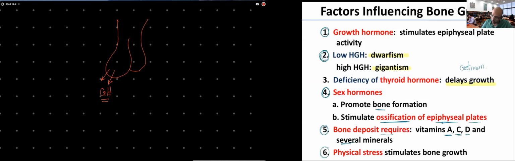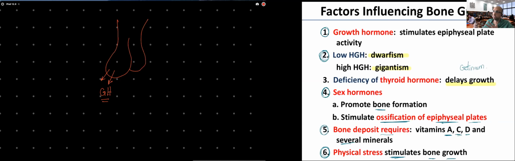Also, another important factor that promotes bone growth is the physical stress. Physical stress will be stimulating bone growth, and you will notice this if you compare the size of your bones to the bones of an athlete, a person who practices every day and puts a lot of physical stress on his bones.